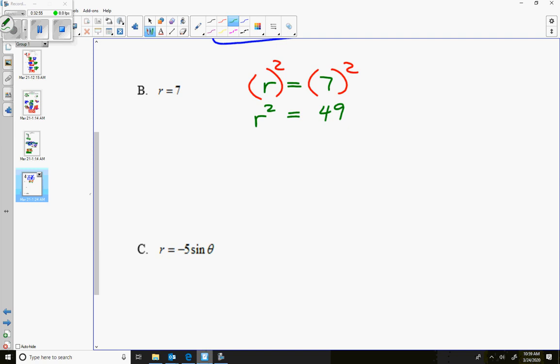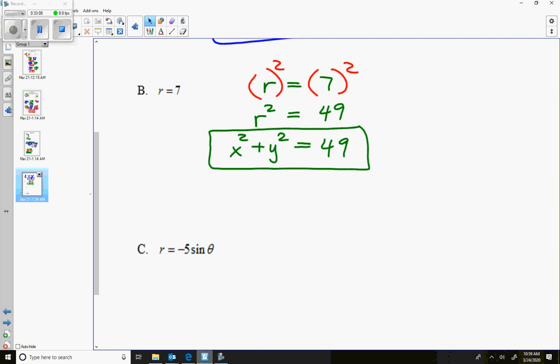In terms of rectangular coordinates, r squared would be x squared plus y squared. So we end up with x squared plus y squared equals 49, which would be the equation of a circle, centered at the origin with a radius of 7.